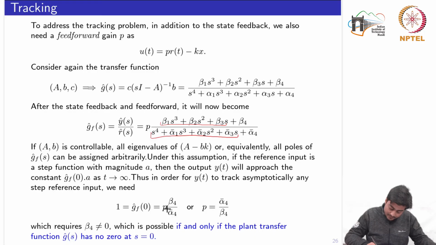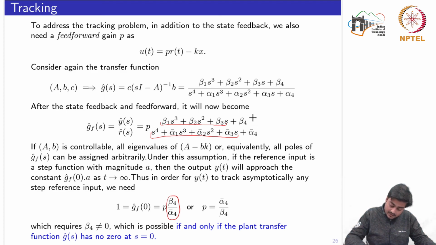So on the right hand side we would have p times the ratio of beta 4 by alpha 4 bar. So if we substitute p as the inverse of this factor, which requires that beta 4 should not be equal to 0, the tracking would be possible if and only if the plant transfer function G hat s has no zero at s equal to 0. Right?